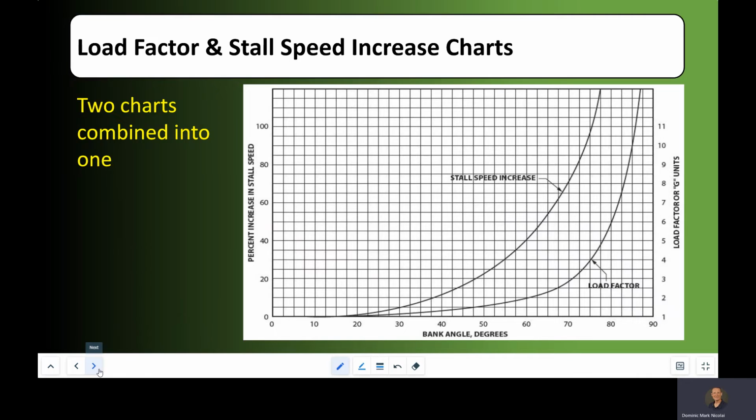The last chart we'll leave you with today is actually a combination of two different ones, and this is going to be figure 4. We've combined two different charts, being the stall speed increase factor and then the load factor itself.